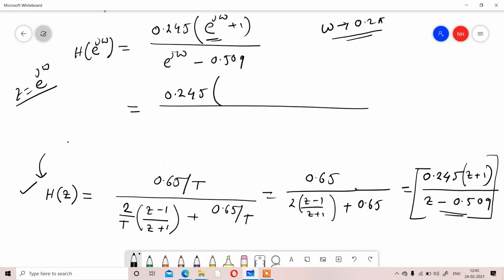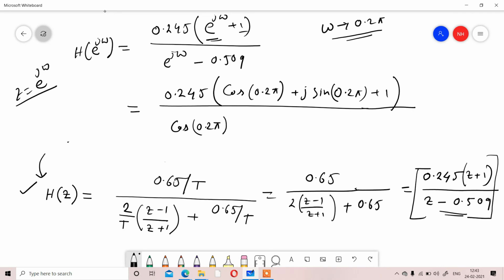If we put in the value of omega as 0.2 pi, you will get 0.245 times cos 0.2 pi plus j sin 0.2 pi plus 1, that is one part, over cos 0.2 pi plus j sin 0.2 pi minus 0.509.